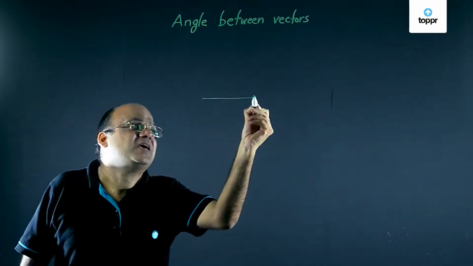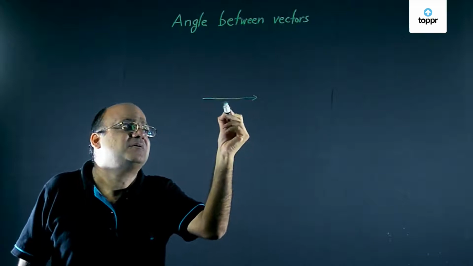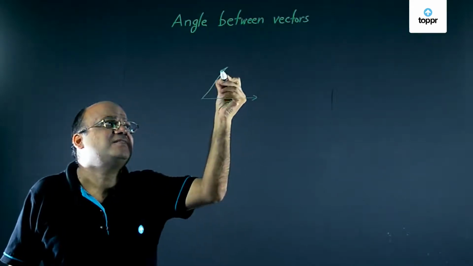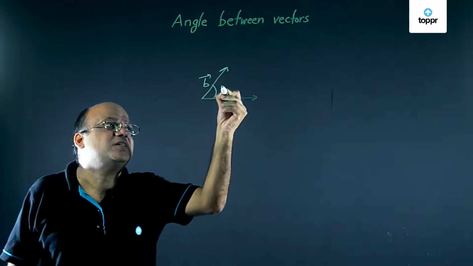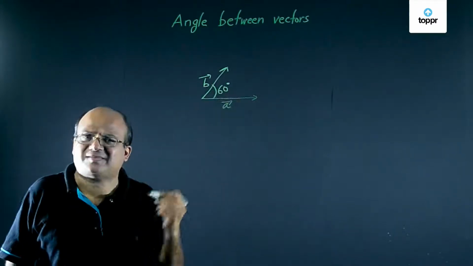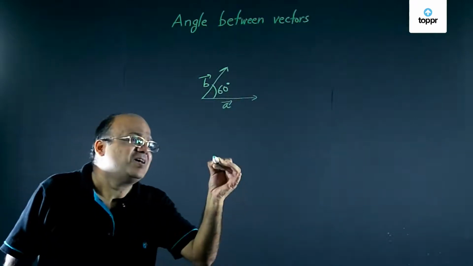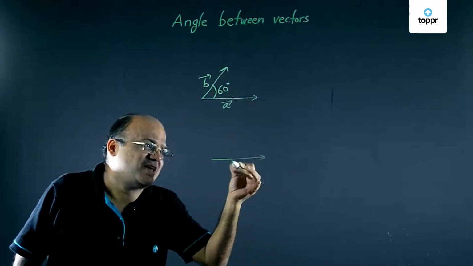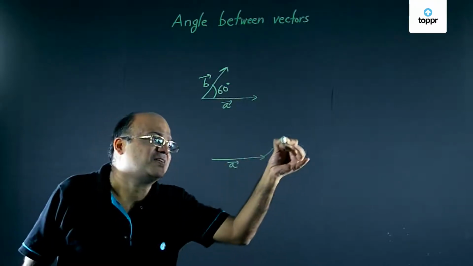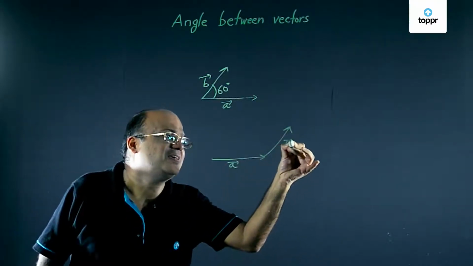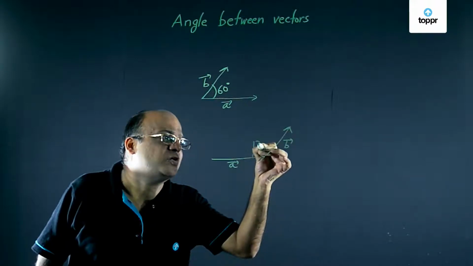Say this is one A vector and this is another vector B vector, and the angle between them is 60 degrees like this. This is some other A vector and B vector is like this, and this angle is 120 degrees.